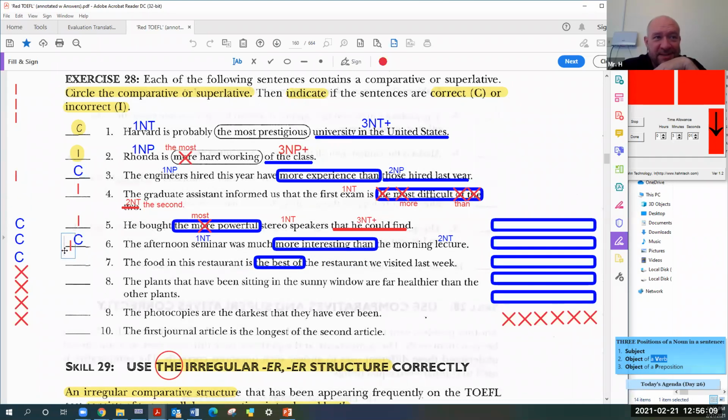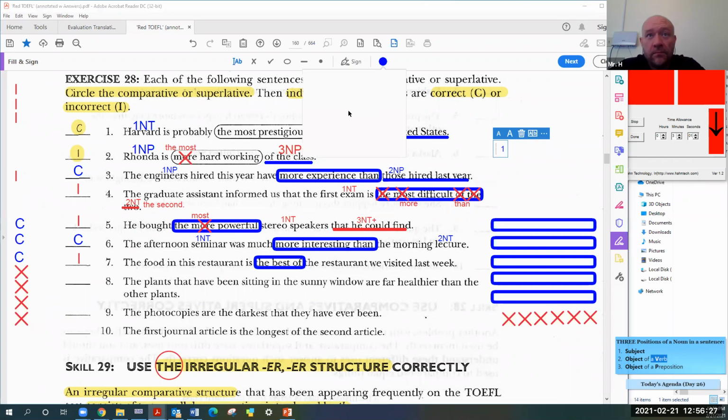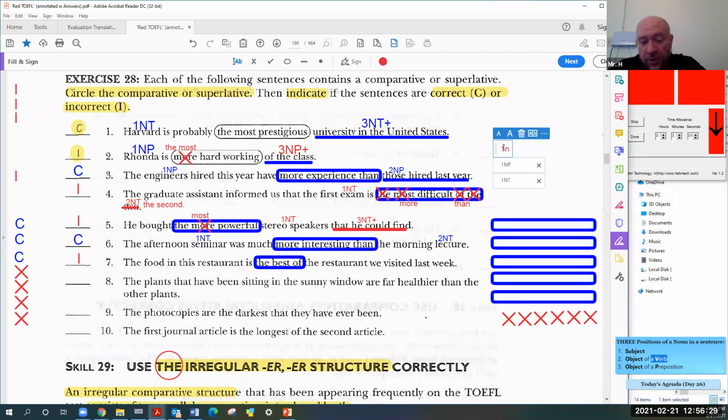This is incorrect. The food in this restaurant, what are we comparing here? The food in this restaurant. So that's one noun thing, right? The food in this restaurant to what?